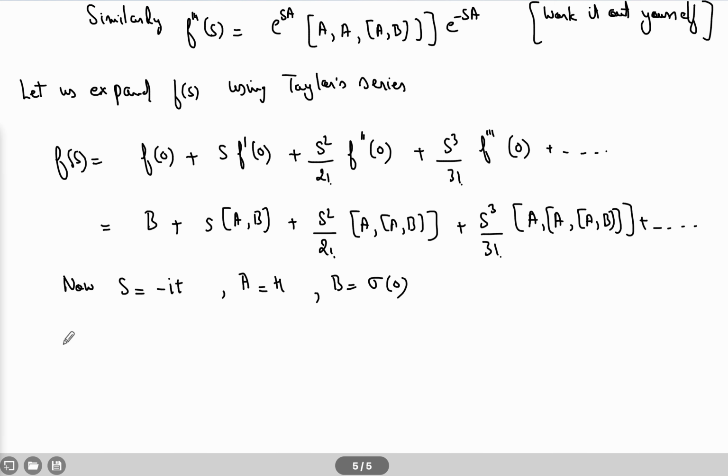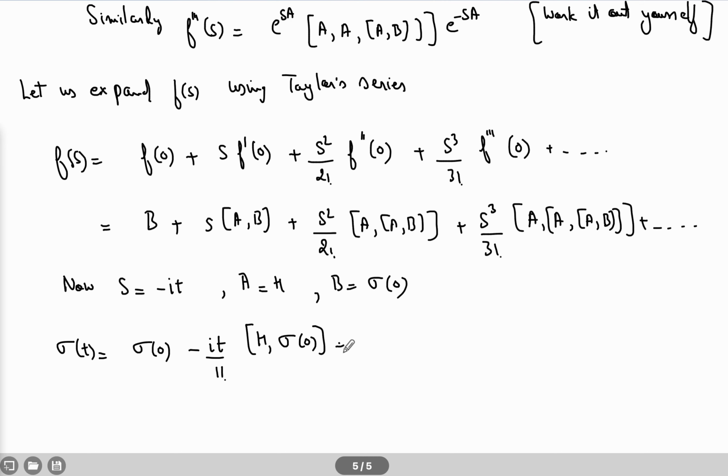I have sigma t on the left hand side, basically the solution to the Liouville-von Neumann equation, which now becomes sigma 0, that is the density matrix at the initial time, minus, so all I'm doing is just substituting these values over here, okay? So minus it by 1 factorial, and this is the Hamiltonian, a is the Hamiltonian, this is sigma naught, and the commutator, right?